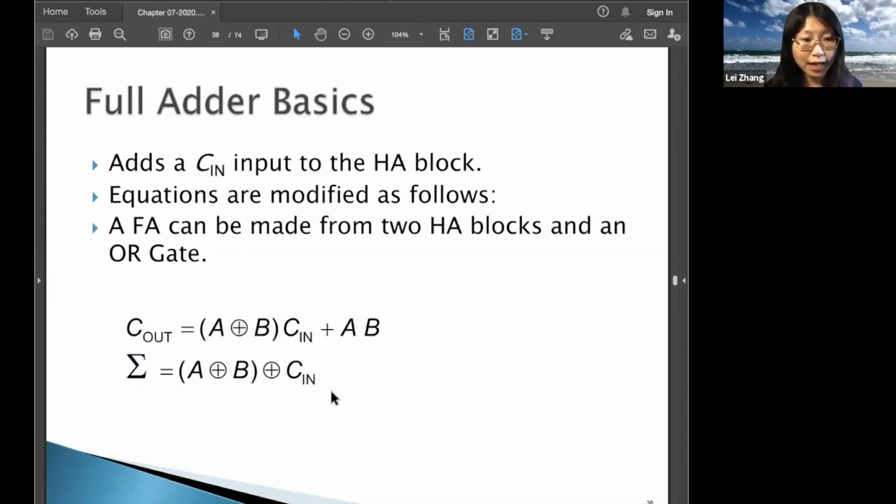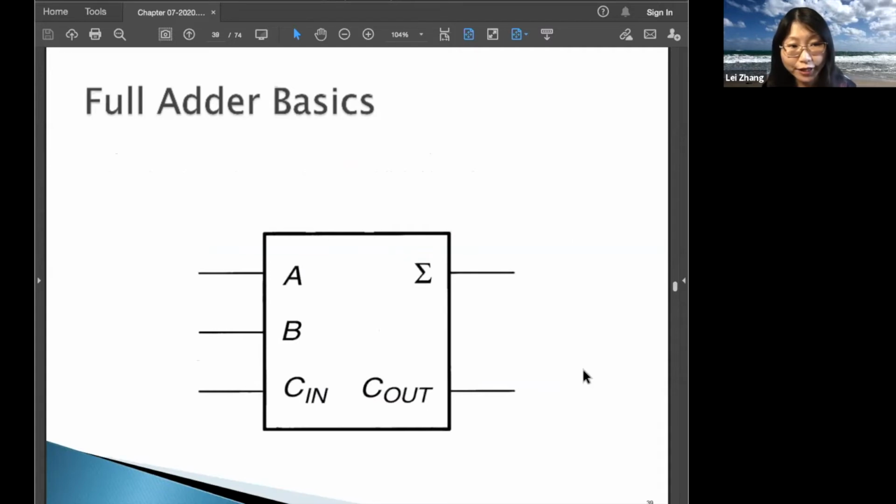The equation here for the carry out bit is (A XOR B) AND C in, the carry in bit, OR A AND B. The sum bit is A XOR B XOR C in, that's the output sum bit. For the symbols, it's similar to the half adder, but with the additional carry in bit here.